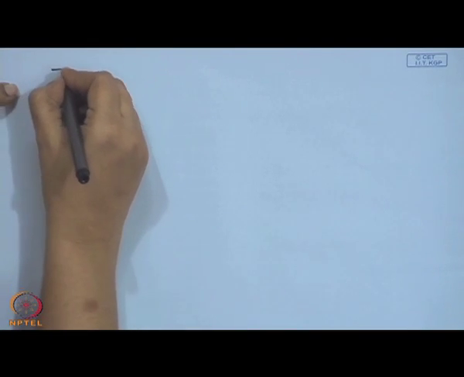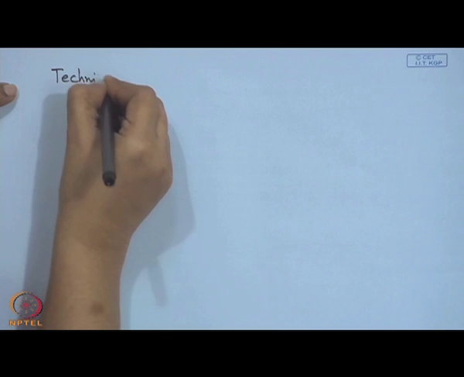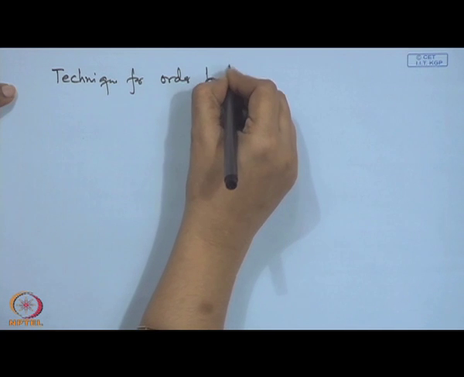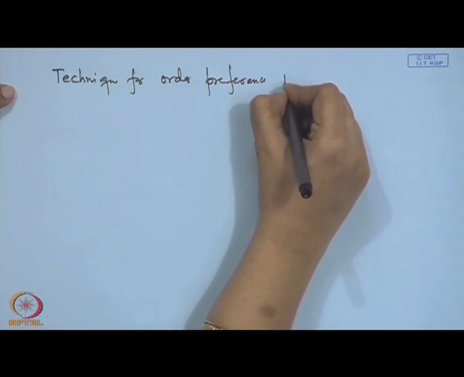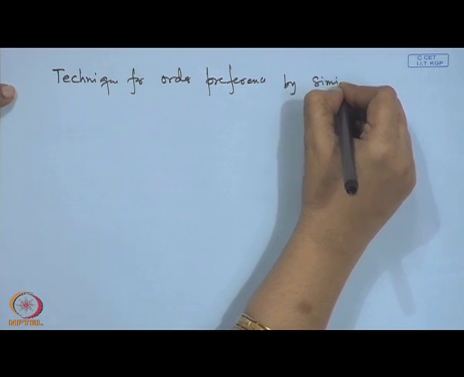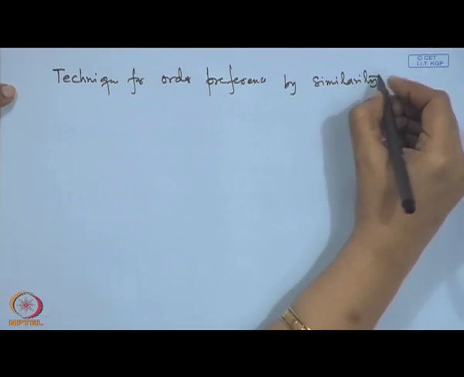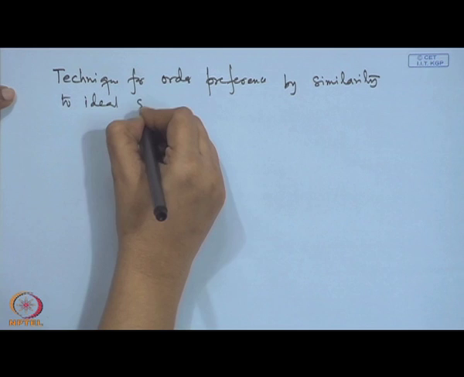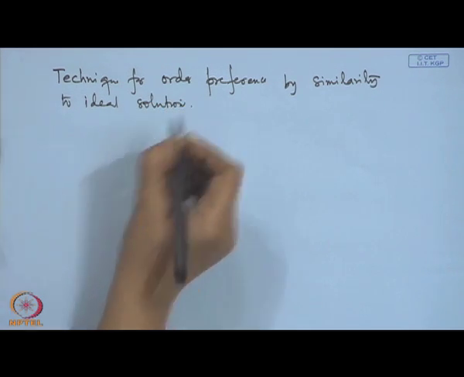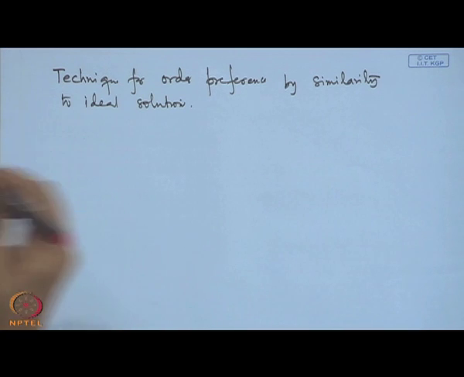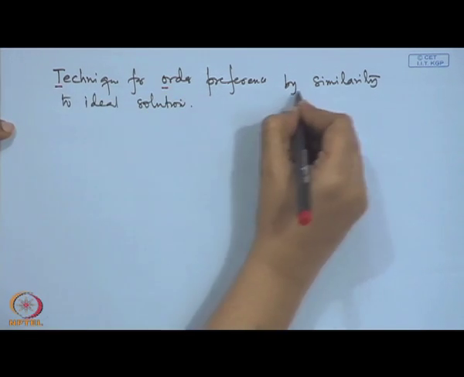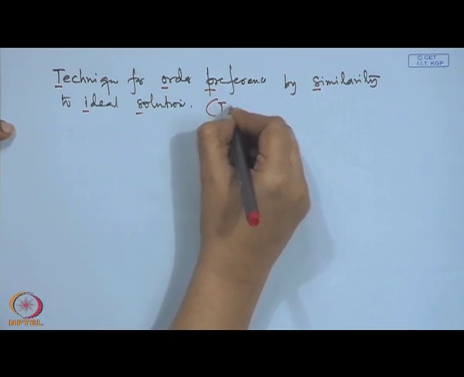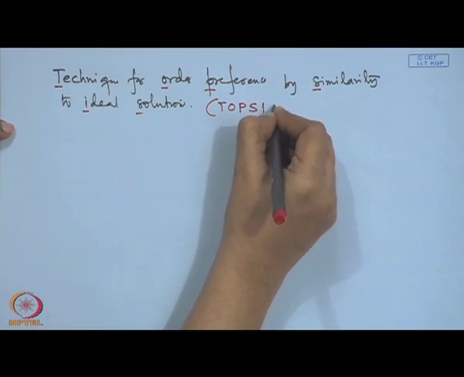The full form of Topsis is Technique for Order Preference by Similarity to Ideal Solution. T O P S I S, in short, we call it the Topsis method.